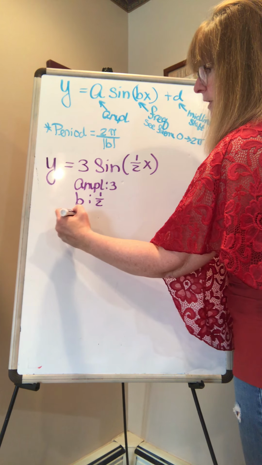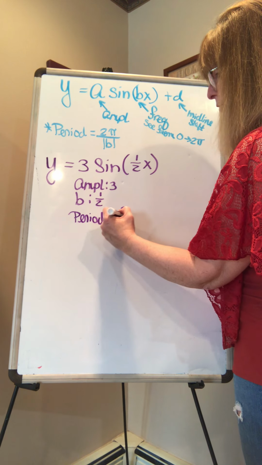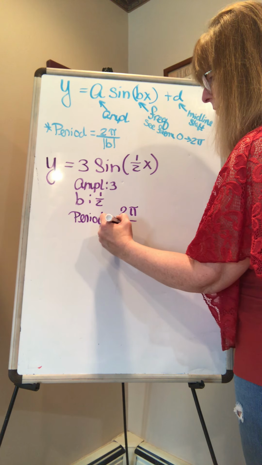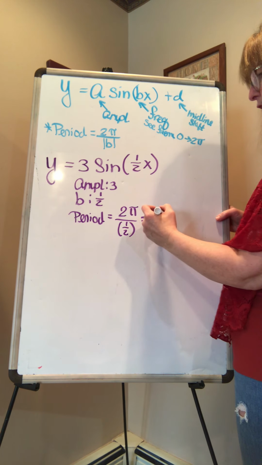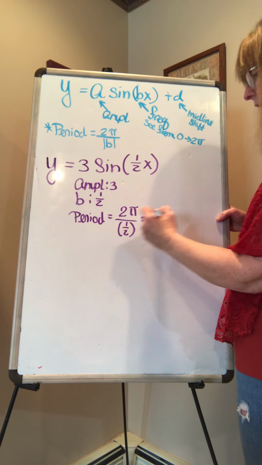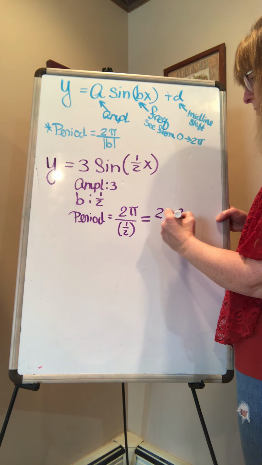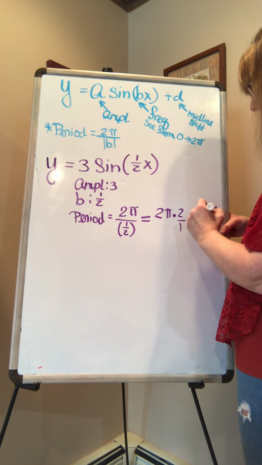And let's see that with the period. The period is 2 pi divided by 1/2. Well, 2 pi divided by 1/2 means multiply by the reciprocal, and that gives me 4 pi.